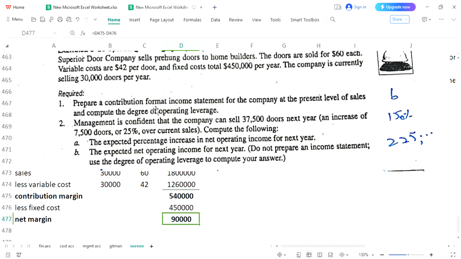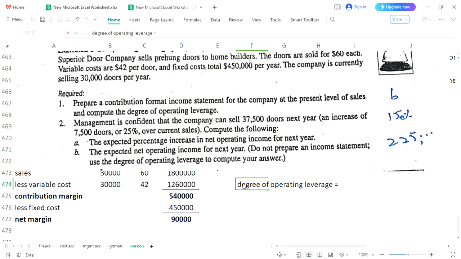Completed income statement, contribution format, and the next thing which is required is to compute degree of operating leverage. We have just discussed this, and we have discussed how to calculate degree of operating leverage.